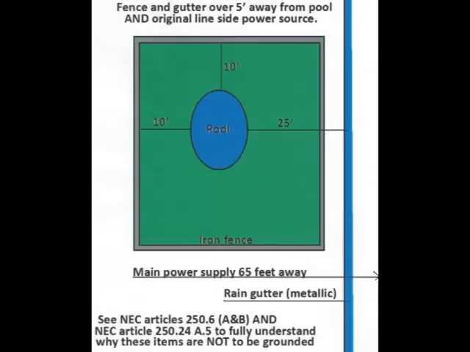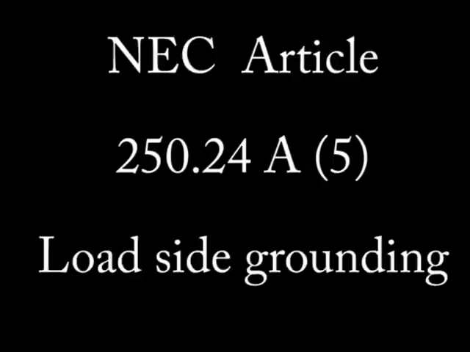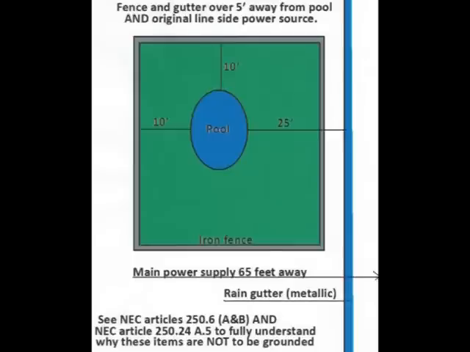A very good exemption can be found in Article 250.24, subsection A.5, also known as load side grounding connections. Without going into fine print, it basically says that load side items with no potential do not need to be grounded, like rain gutters and wrought iron fences.